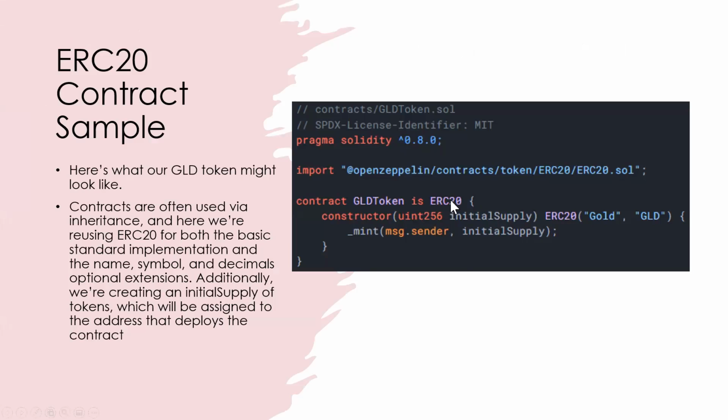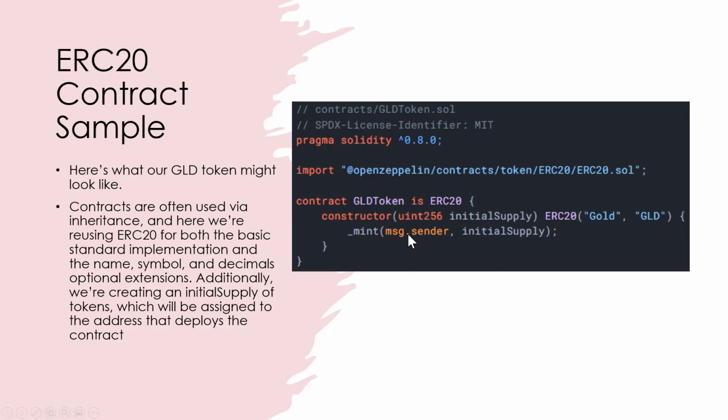This is an inheritance relationship, and it inherits the ERC20 contract. GLD, which is the gold token, is an ERC20 contract. And you have the constructor for the initial supply of gold. I think this essentially gives the currency name and then the currency unit.